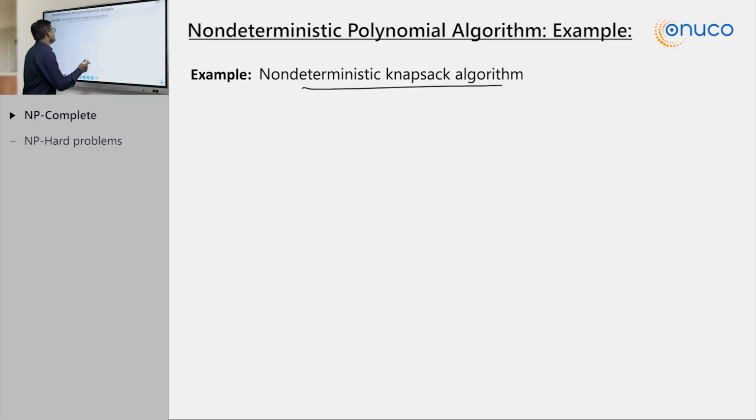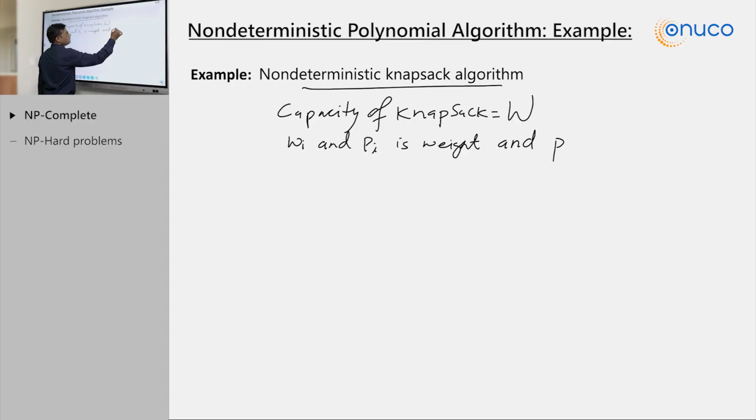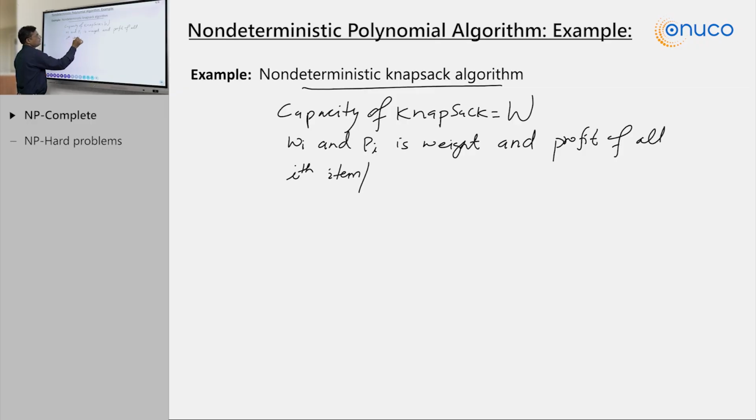So, for example, where the capacity of the knapsack is W, and Wi and Pi are the weight and profit of the ith item, or you can say element.